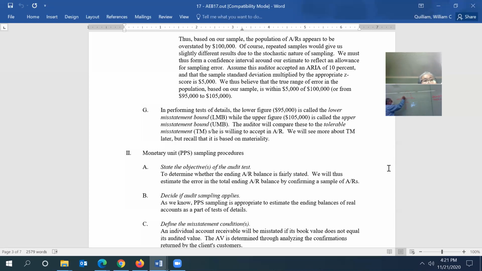So I'm just going to assume 5,000 for simplicity is this range that we have in which to allow for sampling error. So the true amount of misstatement of the population could be as little as 95,000 or as much as 105,000.